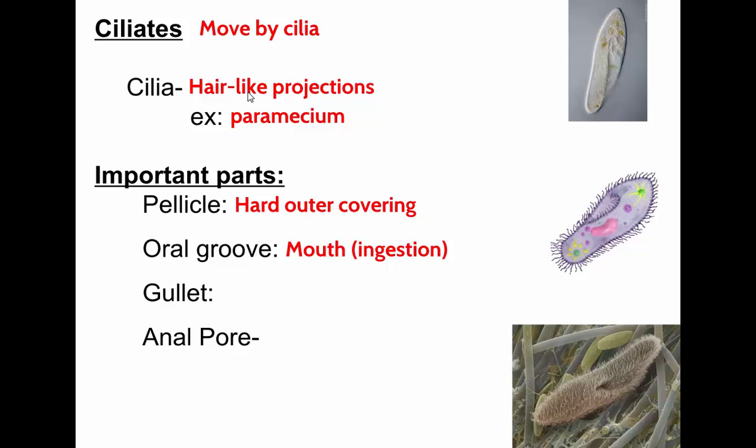It's this indentation here, or here you can see it up there, down here. And this oral groove has little cilia in it that wave in little particles of food. They go down the oral groove into a little tube called the gullet, and that leads to a food bag. So the paramecium has to eat little chunks of food.